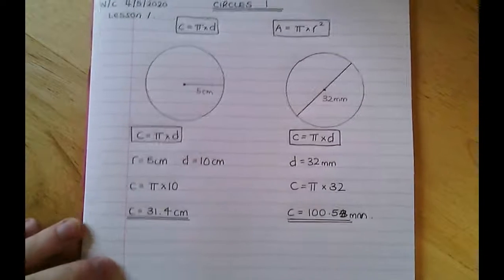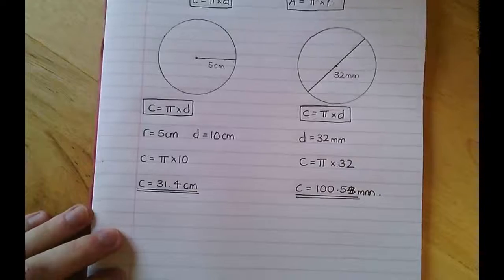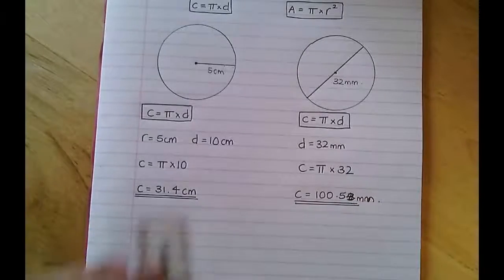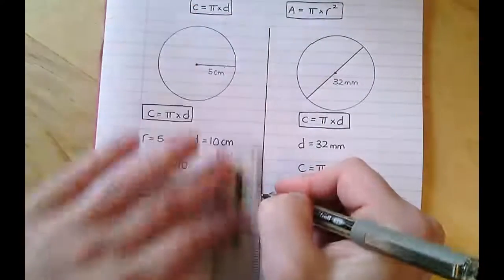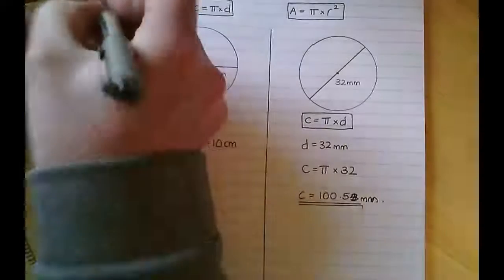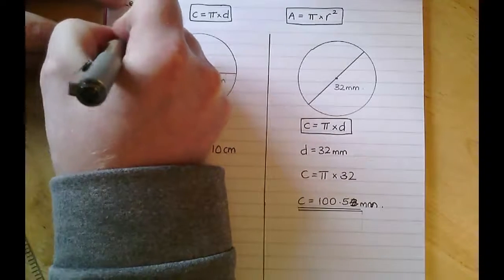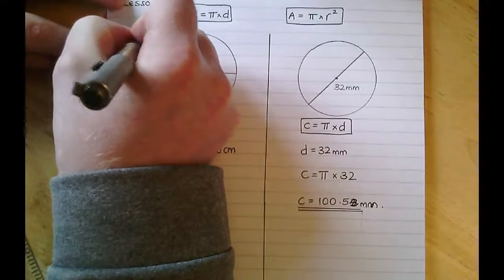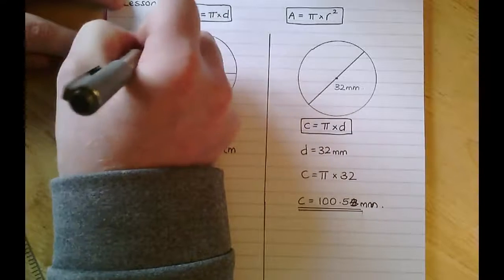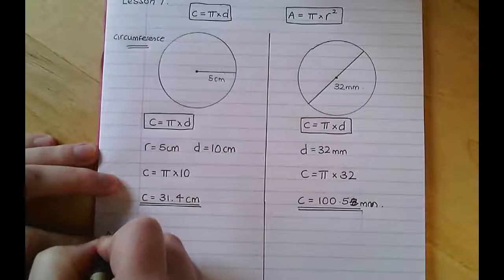Now the area is very similar, we just need to use the other formula. So that was the circumference. This is going to be the area.